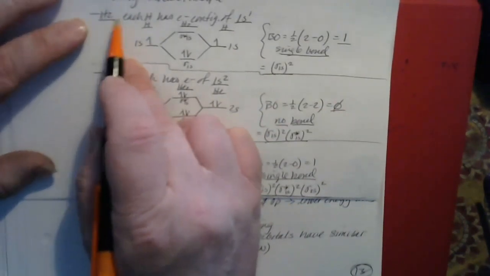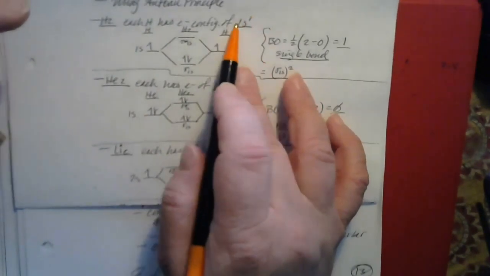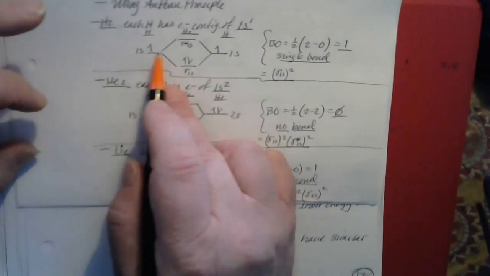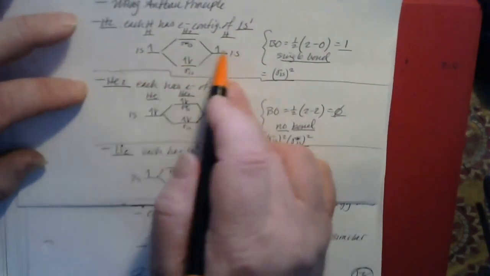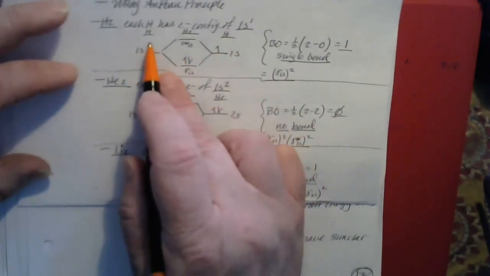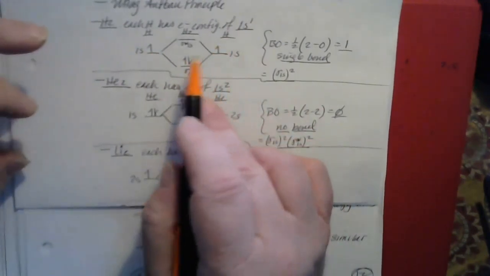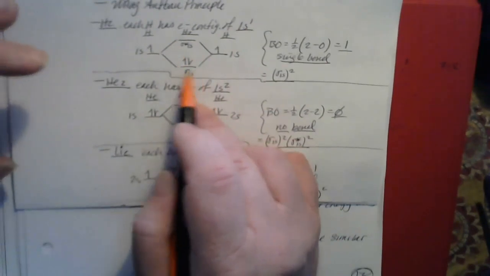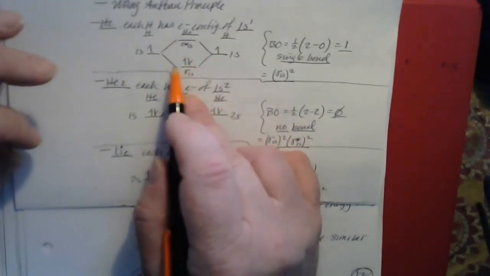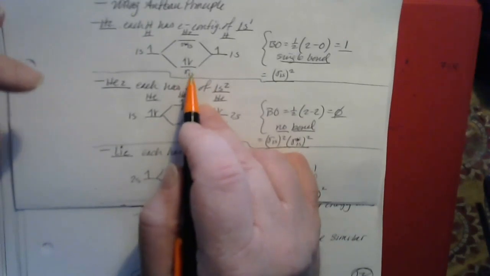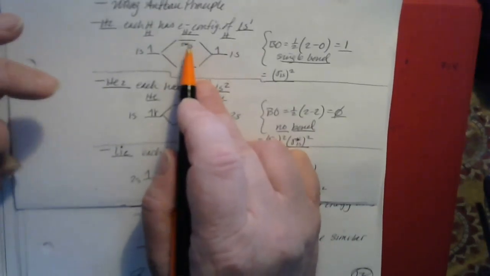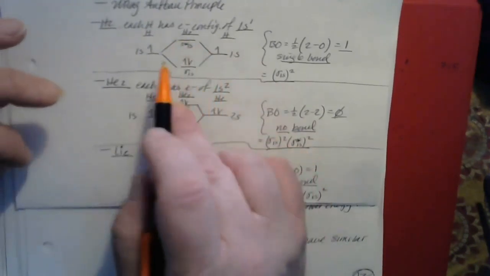Starting with H2, hydrogen. Each hydrogen has an electron configuration of 1s1. So you draw your s orbitals for the two hydrogen atoms and put one electron in each of them. And then you draw the s atomic orbitals coming together to form the sigma molecular orbitals, the lower energy one being the sigma bonding 1s molecular orbital, and the upper one being the sigma star anti-bonding 1s molecular orbital.